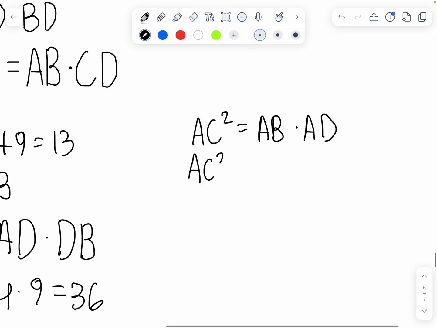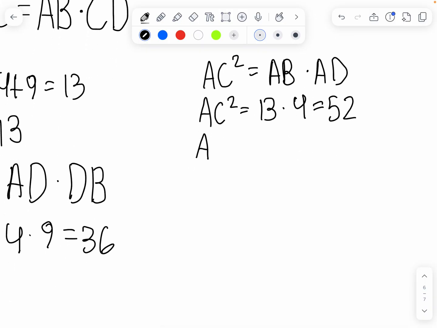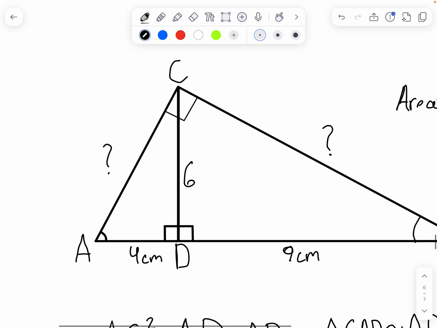AC squared equals 13 times 4, which equals 52. AC equals the square root of 52, which then simplifies to 2 square root 13. So we can change AC to 2 square root 13.